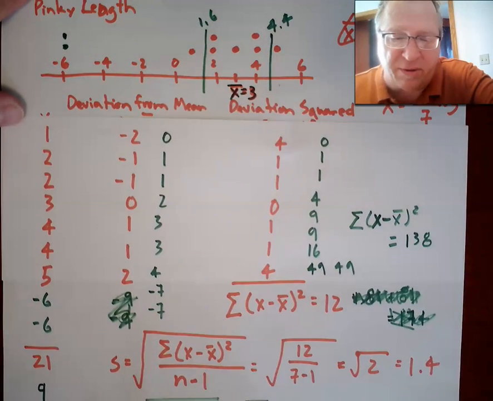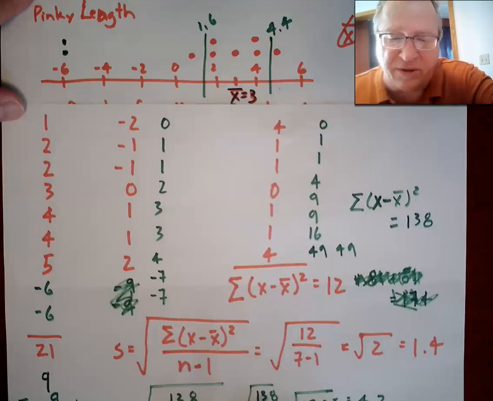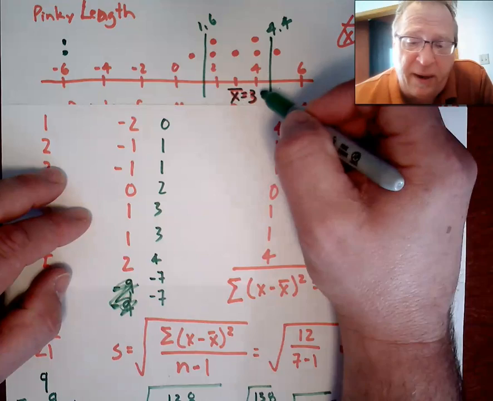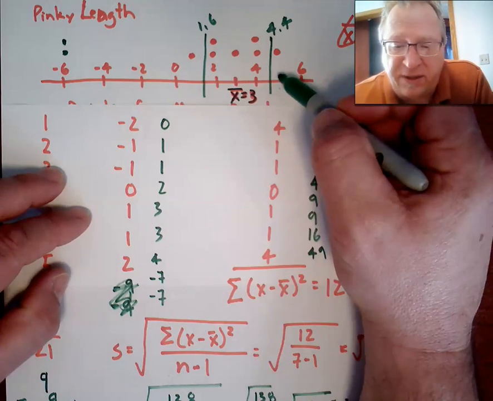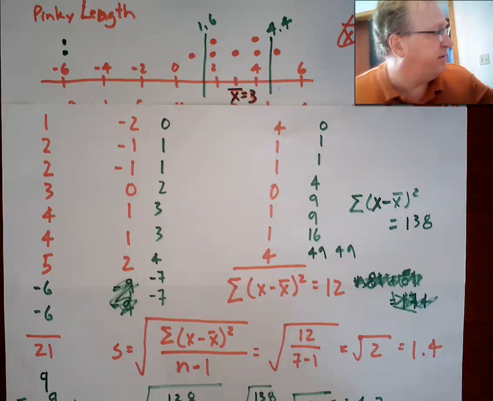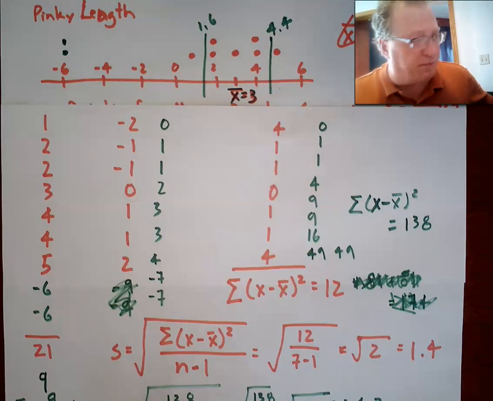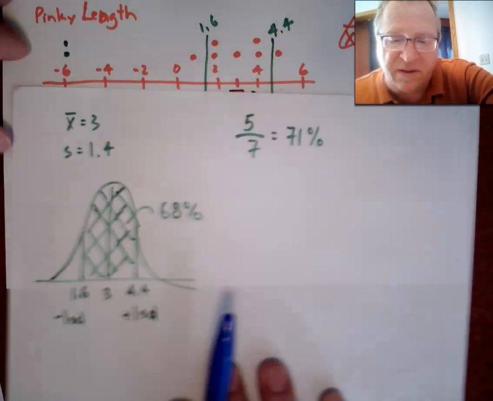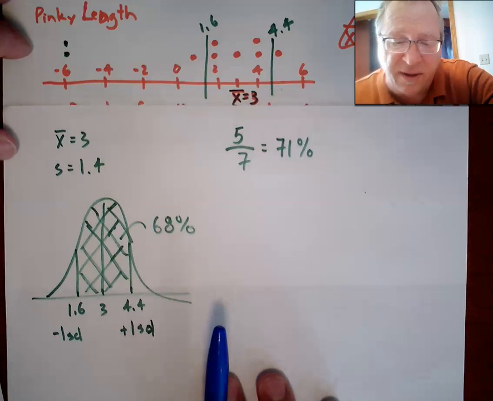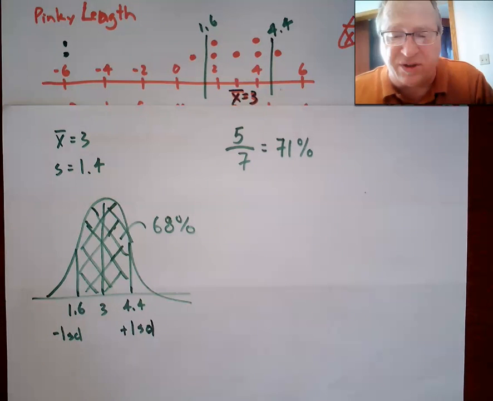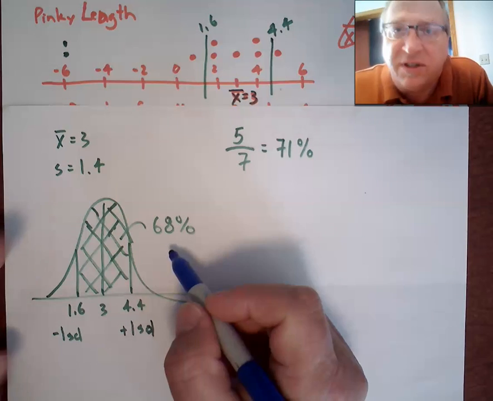Let's go back to our number line. Here's our original number line. Originally we had a sample mean of 3, and when we placed in those plus or minus 1 standard deviation, we found that 71% of our values fell between plus and minus 1 standard deviation from the mean, which was real close to the 68%.